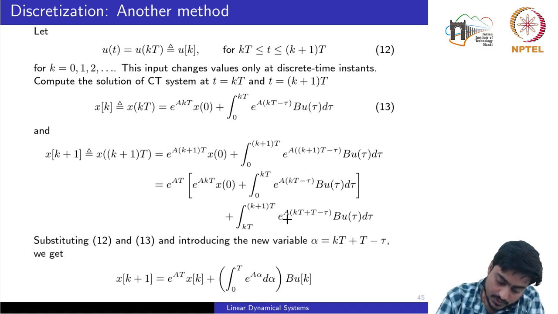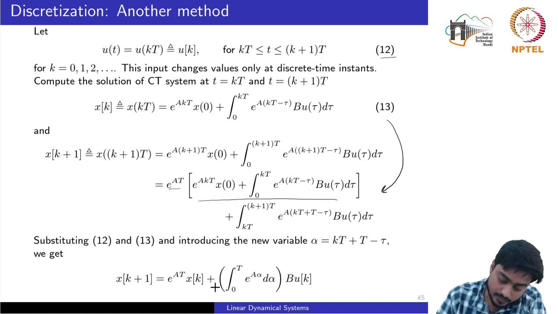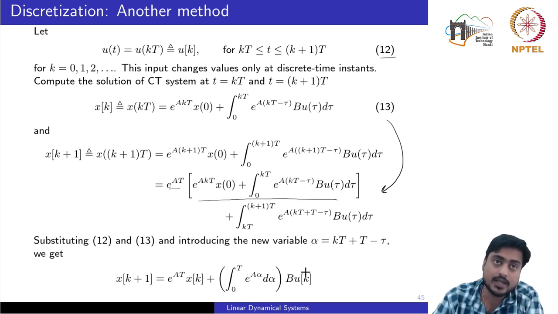Okay. So I substitute these equations 12 and 13 into this equation to finally write x of (k plus 1) is equal to e to the power AT into x of k, which is this one, plus this integral from 0 to T of e to the power A alpha d alpha into u of k.